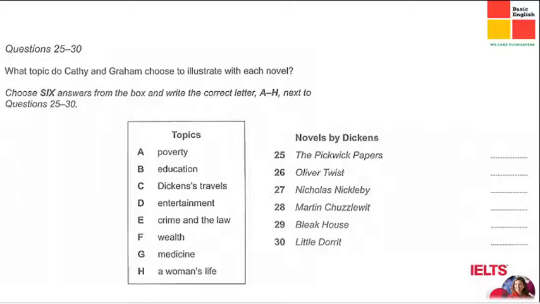Next is Oliver Twist. There's a lot in the novel about poverty, but maybe something less obvious. Well, Oliver is taught how to steal, isn't he? We could use that to illustrate the fact that very few children went to school, particularly not poor children, so they learnt in other ways. Good idea.